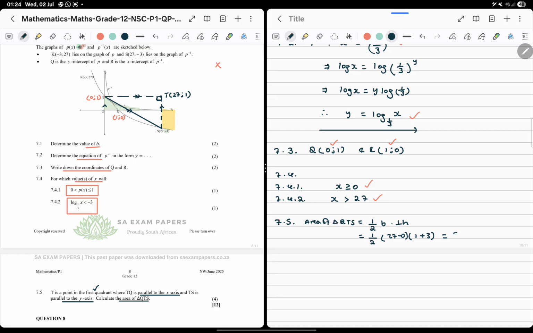This gives us 54 square units. All right, I was just pressed for space, guys. I hate to write like that. It's not advisable to write like that.